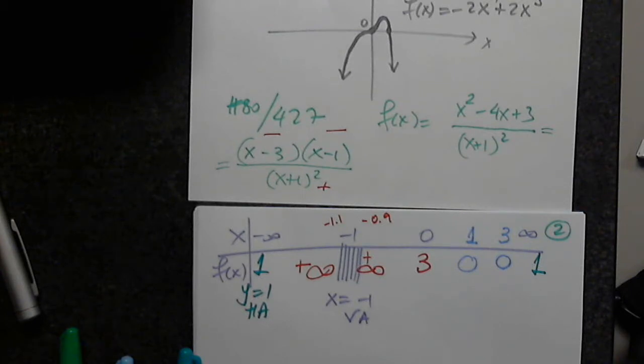Make sense? Let's try again. From above 1, going up to positive infinity. Easy. On this side, it's coming from positive infinity. It's crossing the y-axis at 0, 3. It comes down to the x-axis where it crosses at 1, 0. Because this is multiplicity 1, it has to cross.